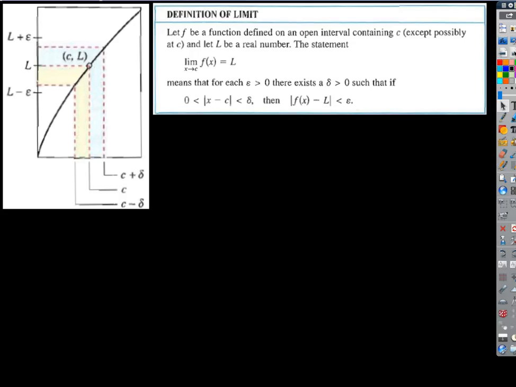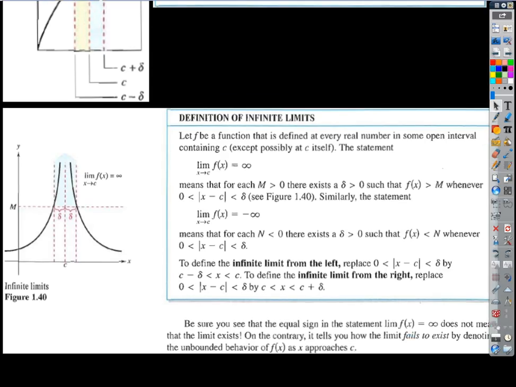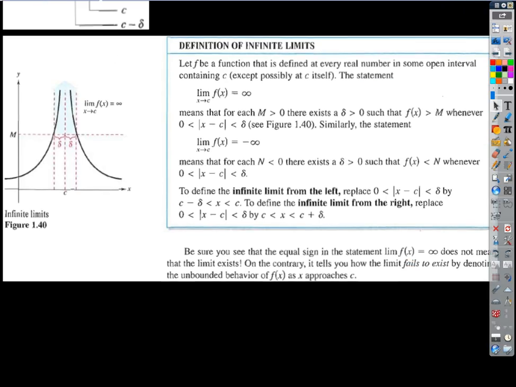Well, this is a different kind of situation here. This time we're not approaching a value. We've got this infinite behavior, but how could we formalize this in a similar way? As long as getting closer and closer to C, so shrinking the neighborhood of values around C, is going to just continually drive us further and further up the function without limit, then it makes sense for us to say that the limit of the function as x approaches C is infinite, right?